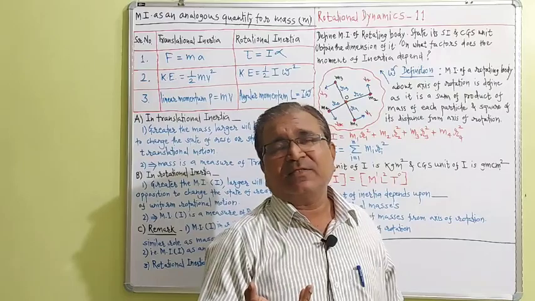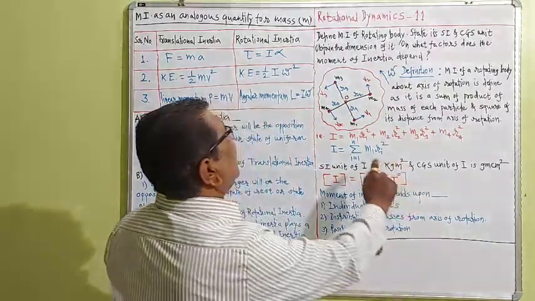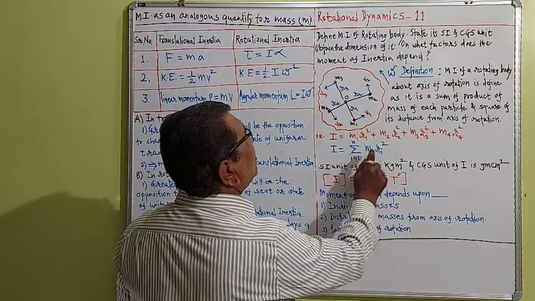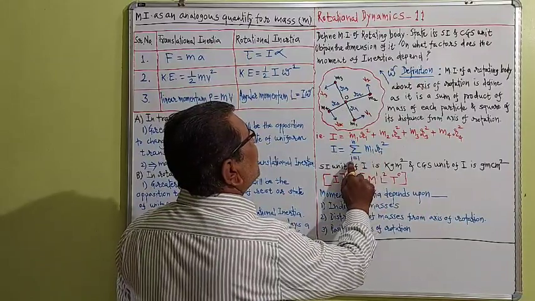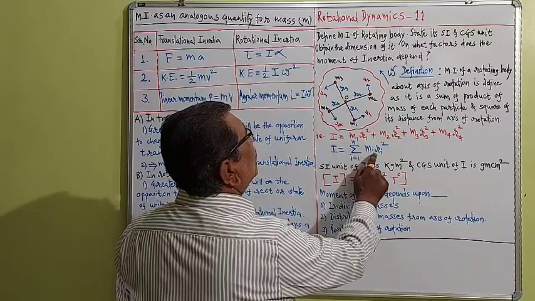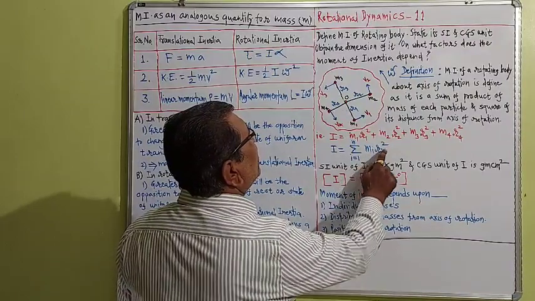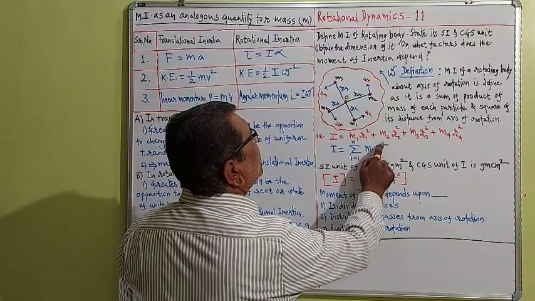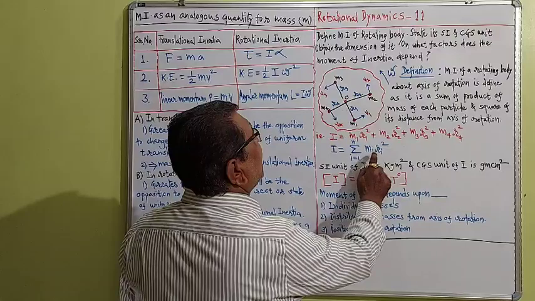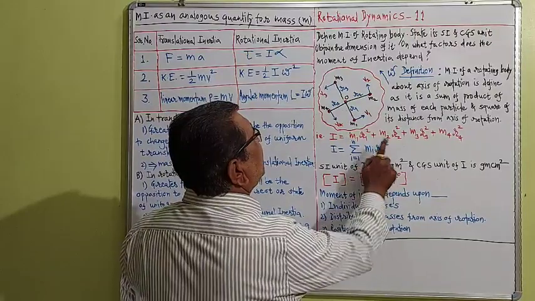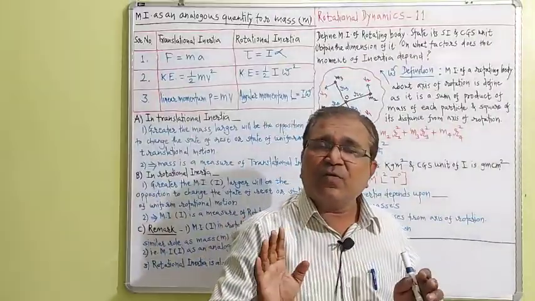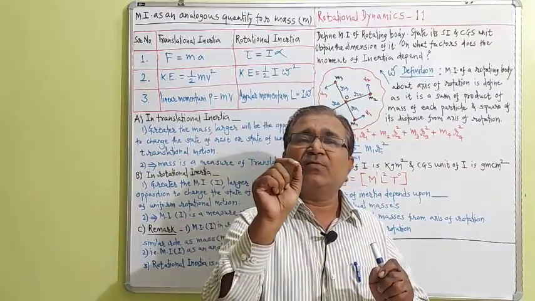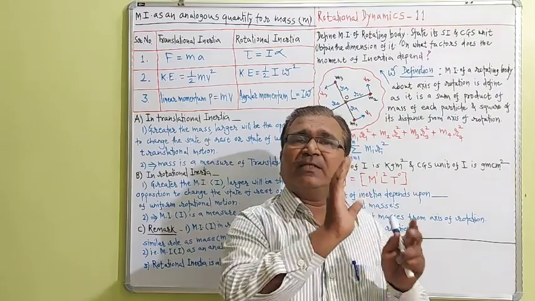In short, we write summation mi ri square, i from 1 to n. Put i equal to 1, we get m1 r1 square, plus put i equal to 2, we get m2 r2 square, put i equal to n, we get mn rn square. So the general formula is capital I equals m1 r1 square plus m2 r2 square plus ... plus mn rn square.